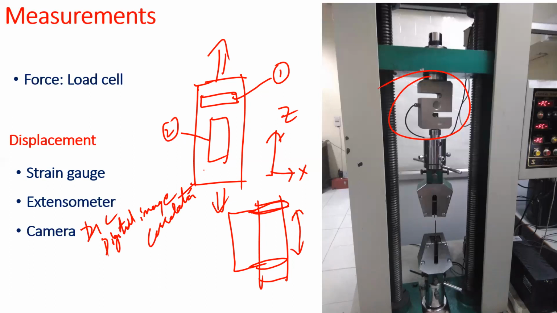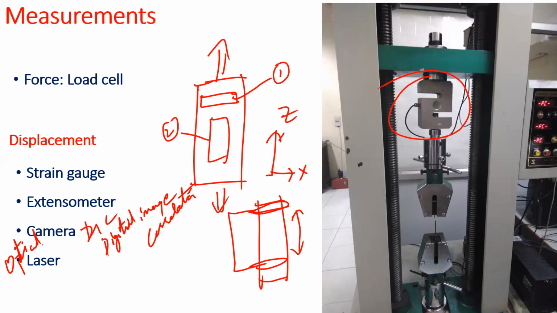Using photographs, or a series of photographs, or at least two photographs, one can identify the longitudinal as well as the transverse strains. And this is a non-contact method. So that is the major advantage of using a camera. When I say camera, it's an optical camera, the cell phone camera or the DSLR kind of cameras.